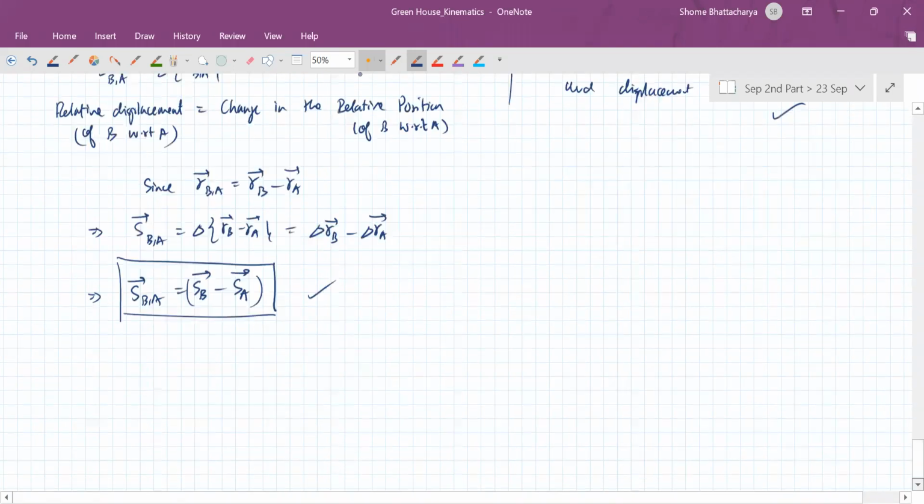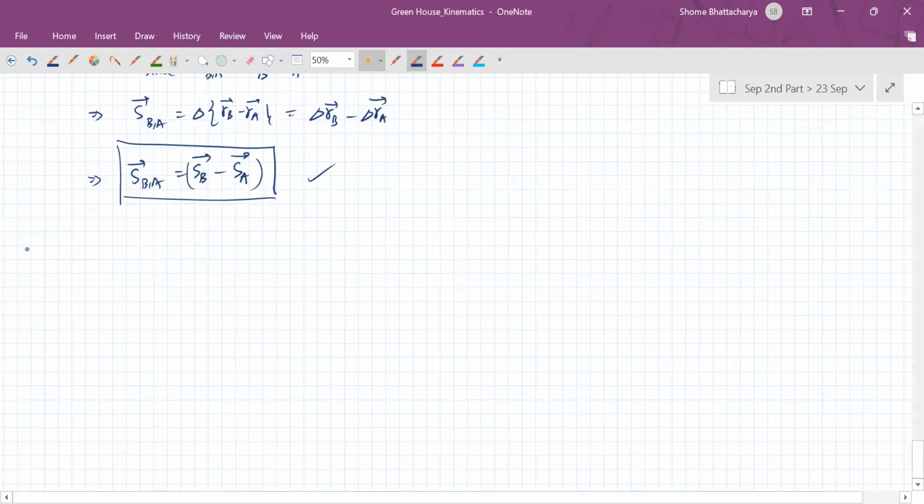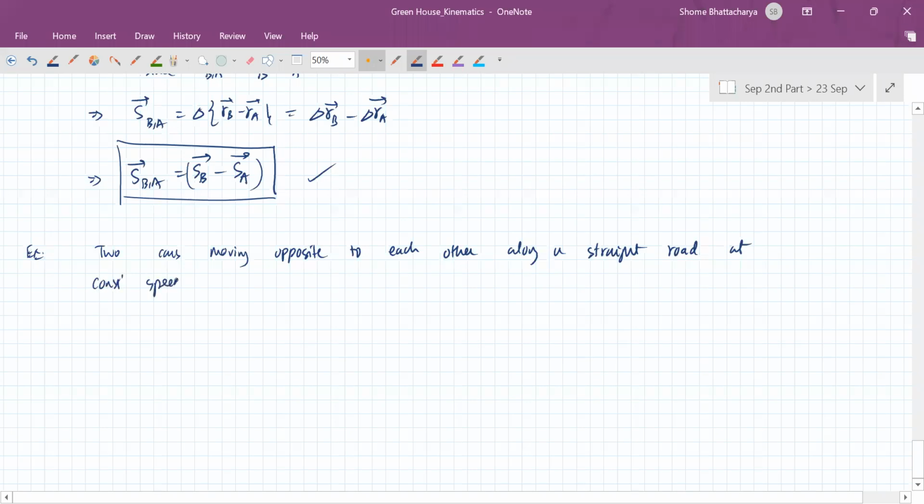Okay, so let's quickly look at an example. Two cars moving opposite to each other along a straight road at constant speeds of 10 meters per second cross each other at t equal to 0.